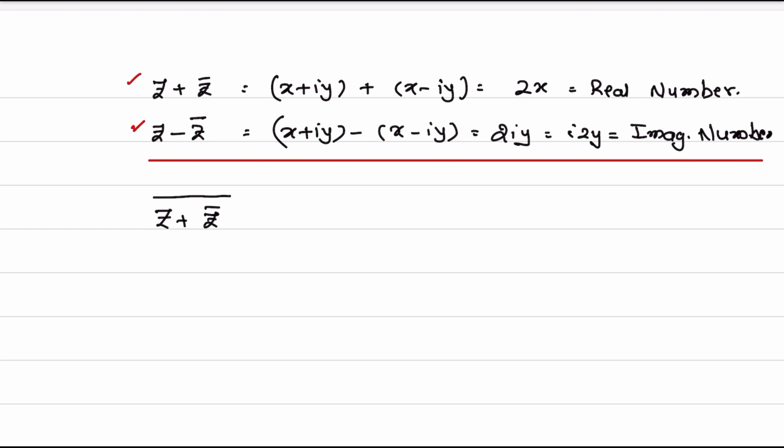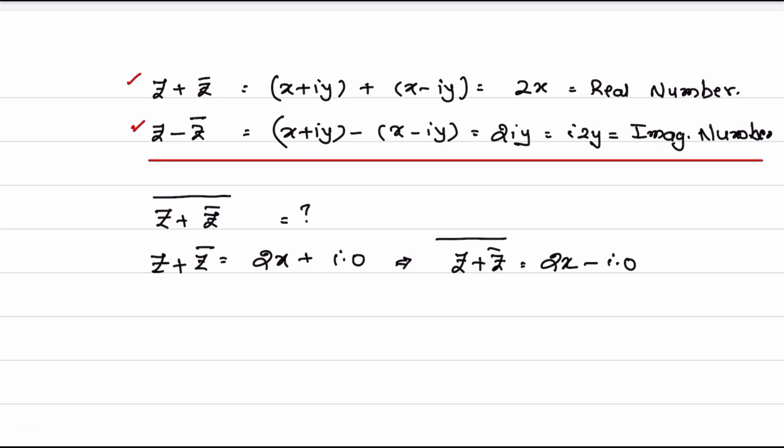The conjugate of z plus z bar is how much? That's what we have to find out. z plus z bar is equal to 2x plus i into 0, because the imaginary part is 0. Which implies the conjugate of z plus z bar is 2x minus i into 0.